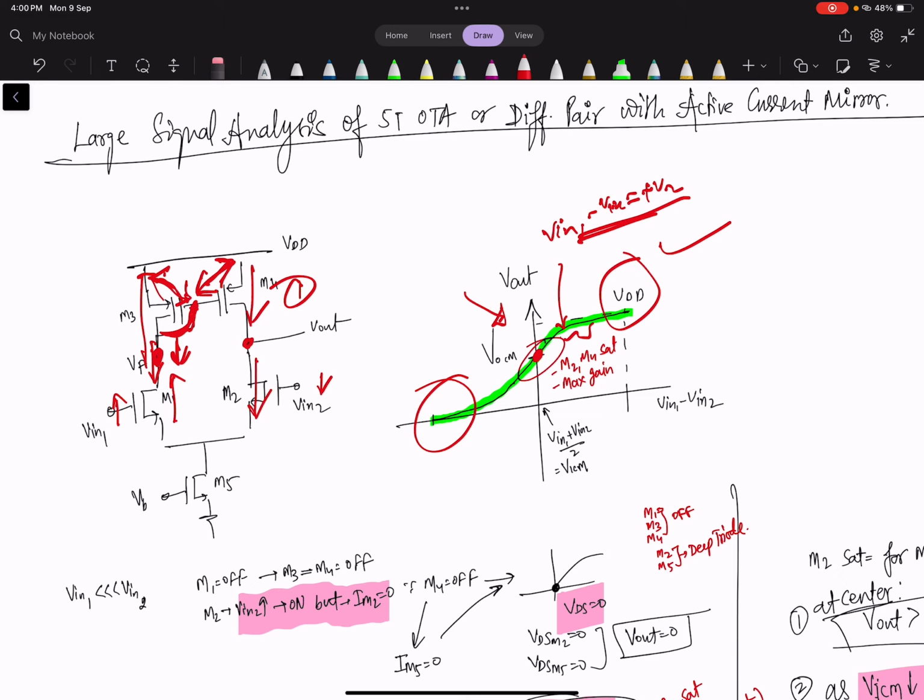Let's say some cap is there, so the current from the top will charge the cap, and current from M2 is decreased, so it also helps in charging the cap, so Vout will increase. Okay, so the basic thing is this. In this case Vout is increased.